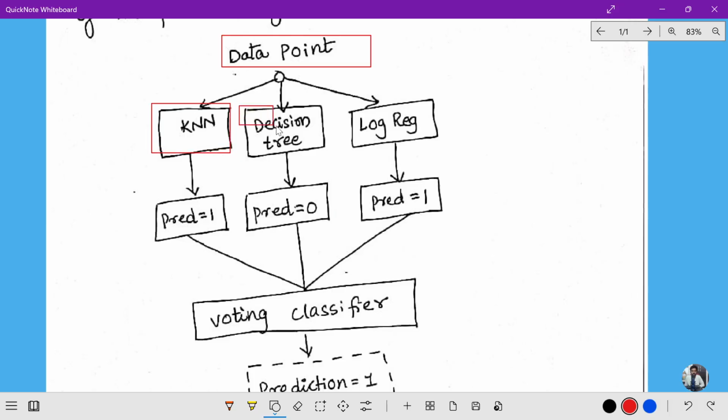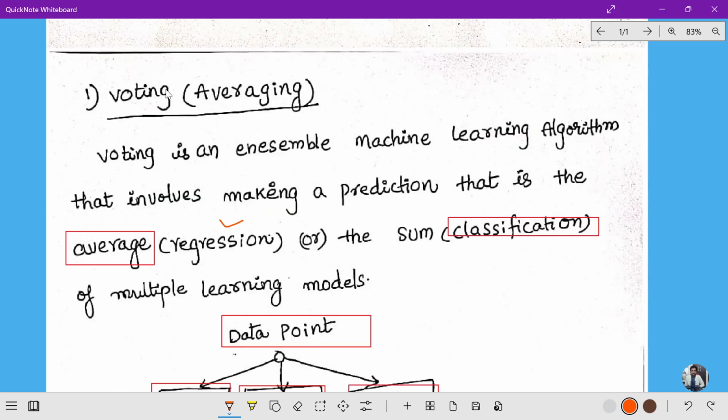In the second case, I used decision tree, and I used logistic regression. After using these models, KNN gives the prediction output as 1, decision tree predicts output as 0, and logistic regression predicts output as 1. Then the voting classifier plays a major role in voting.